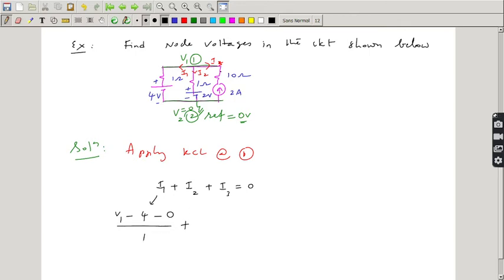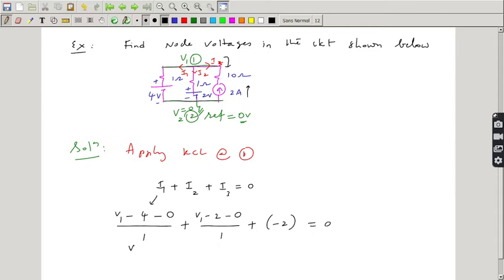Plus I2, the current flowing: V1 minus V2. There is a voltage source, so minus 2 minus 0, that is V2, divided by that branch resistor 1. Plus I3. Look at I3: the current would flow in this path, but the original current direction given is opposite, so you can directly take the current value as minus 2, equals 0.